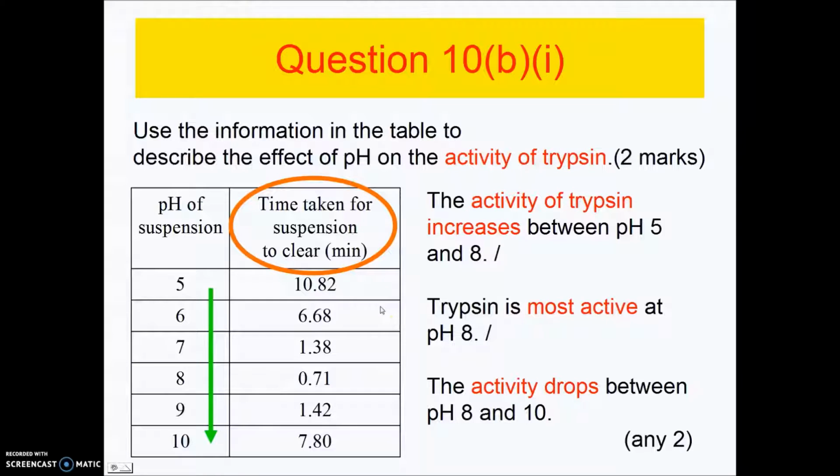So many students wrote, when increasing the pH, the time taken for suspension to become clear becomes shorter. The time taken becomes shorter. So probably it seems very, very correct, but it's not correct for this question.